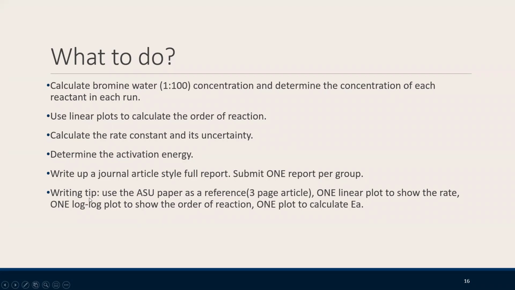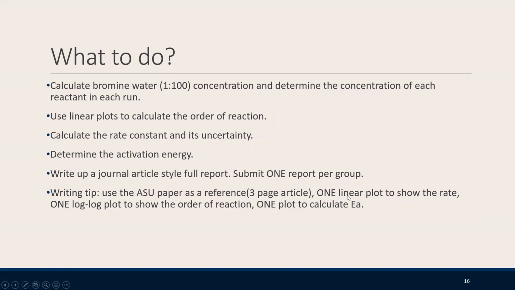And there are some writing tips I put here. Use the ASU paper. One of the literature papers is published by Arizona State University researchers. Use that paper as a reference. That paper only had 3 pages. So very limited pages, but it contains a lot of information, very concise, very good writing. You can use that as a reference.